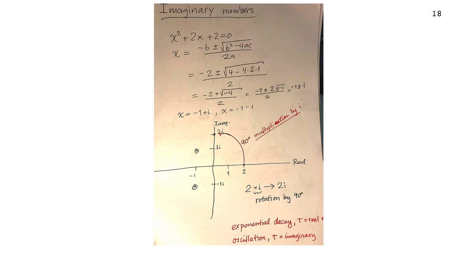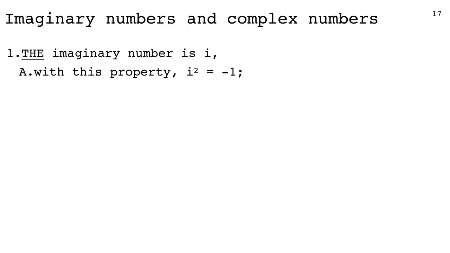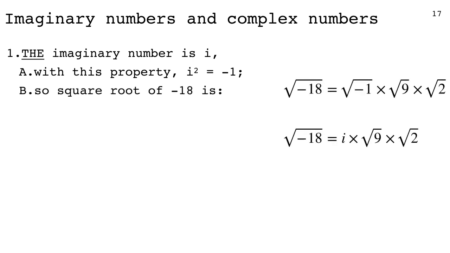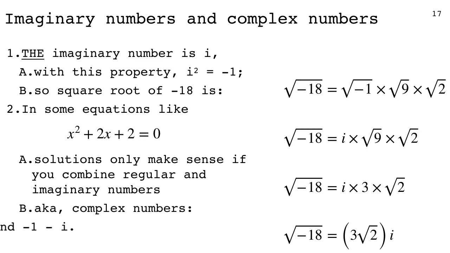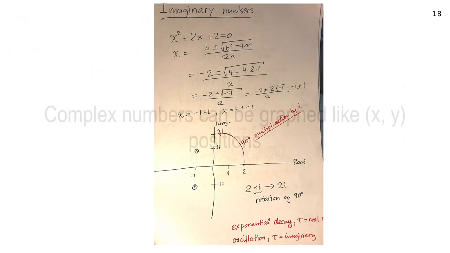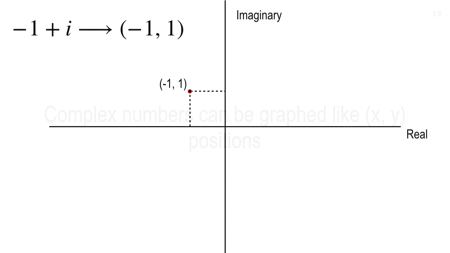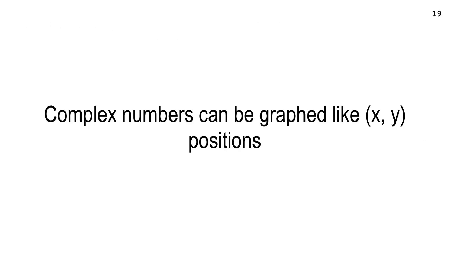Can you go backwards for just a second? Okay, go forwards now. That's it. X squared plus 2x plus 2 equals 0.